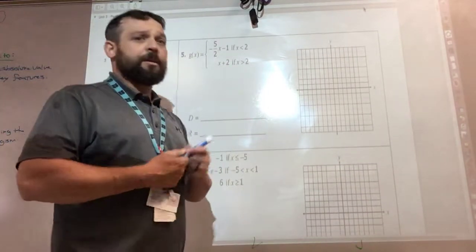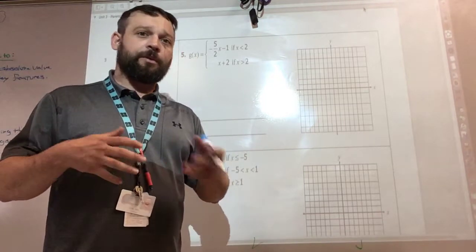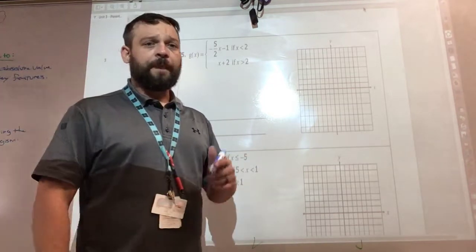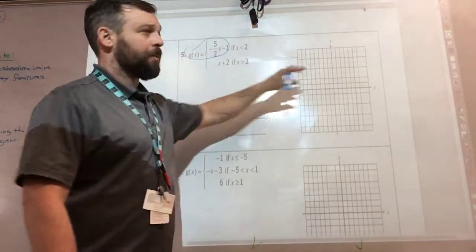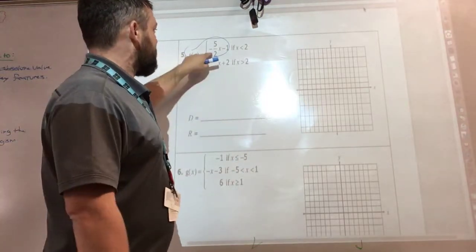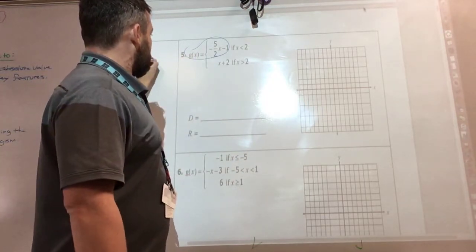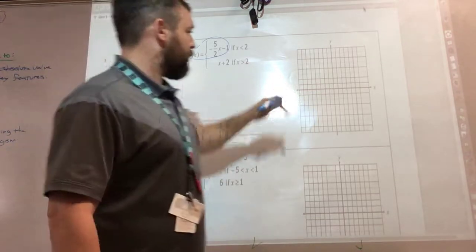So, here's the idea. A piecewise function is a function made up of two or more functions. So, what we're going to do is take each one of these and graph them on my plane here. So I have y equals negative 5 halves x minus 1. So I'm going to go over here and graph it.